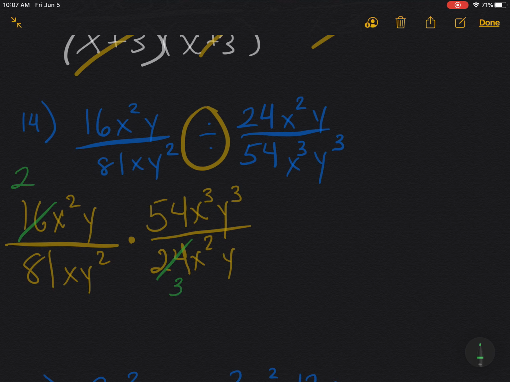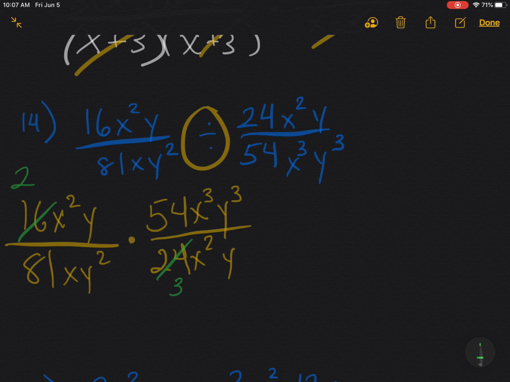Okay? All right, now let's look the other way. 81 and 54, right? What number do they have in common that could definitely make these smaller? I think 27. Okay. Now, if you're thinking 9, that's definitely an answer, but then you're going to have to reduce again.